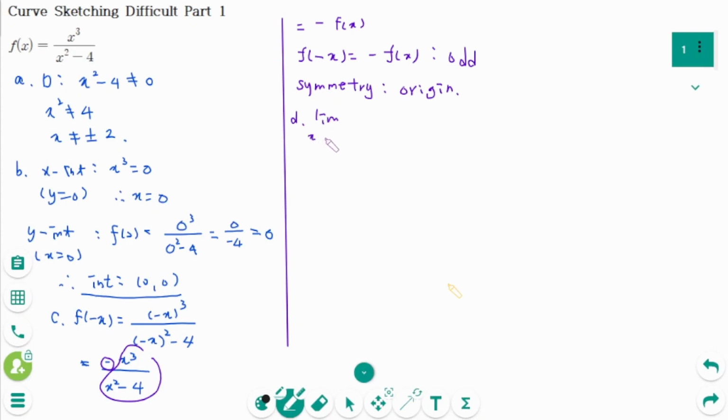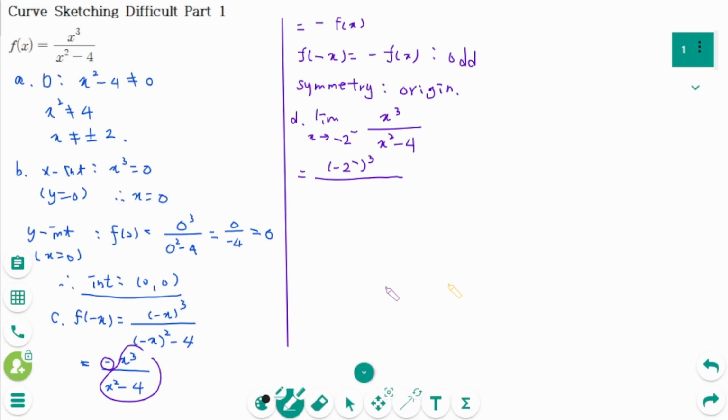Limit as x approaches minus 2 from the left side of x cubed over x squared minus 4: we plug in minus 2 from the left side, cubed, over. When you plug in, don't worry about the numerator.